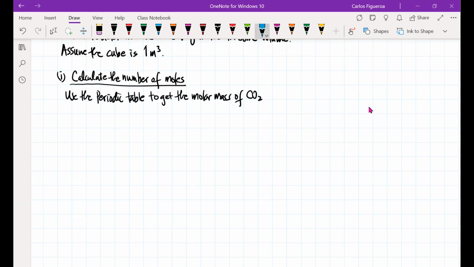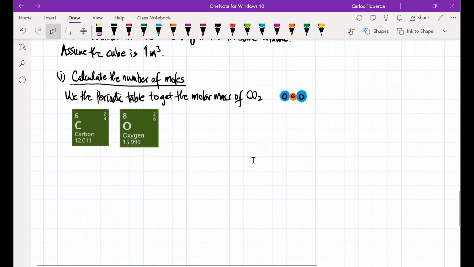It's a linear molecule. So I have oxygens right here on the side, and then here in the middle, I have a carbon. So it has 3 atoms. So what I'm going to do here is, from the periodic table, here's what I have.